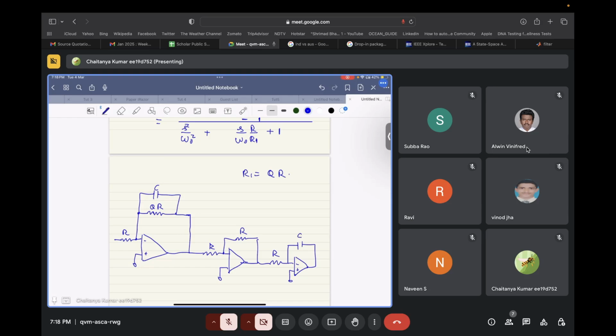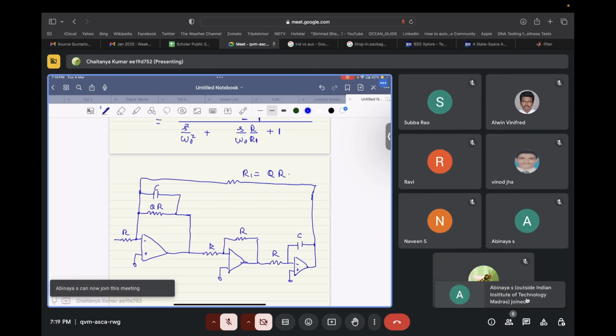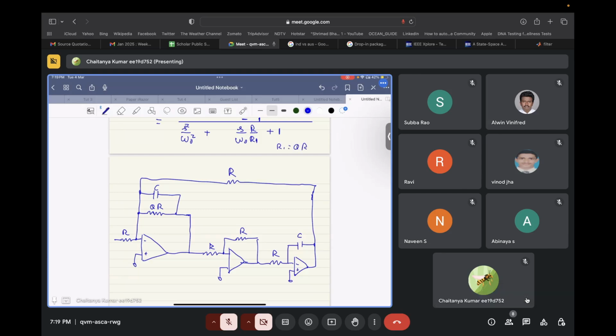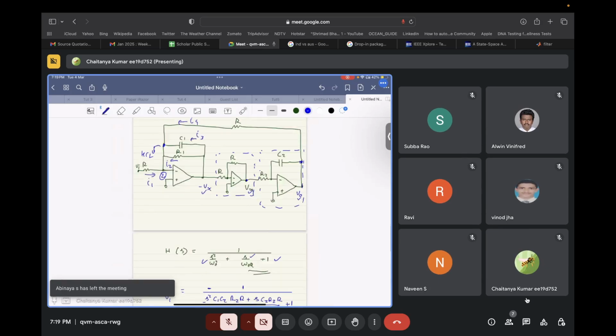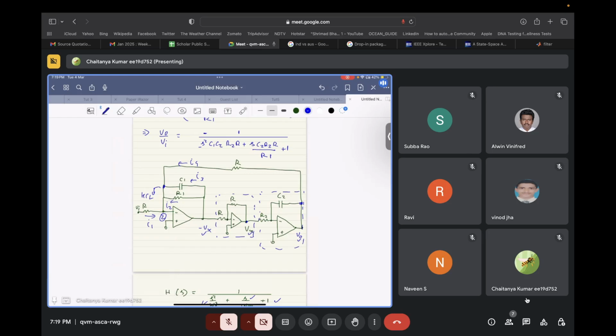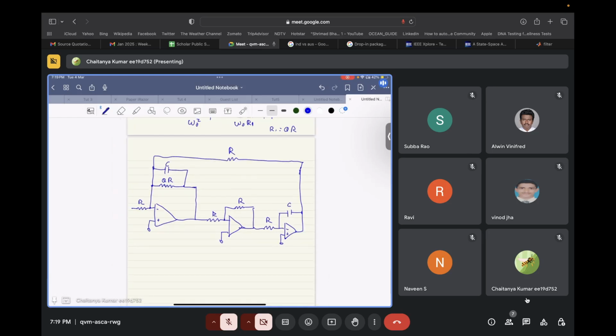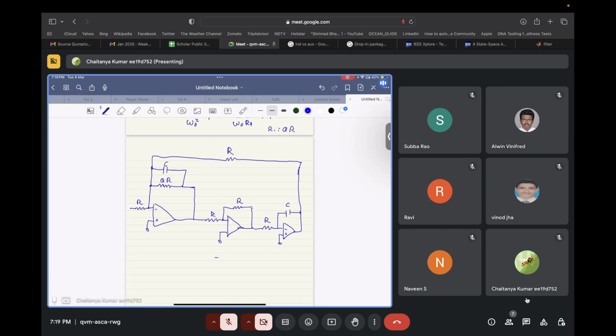This is C. And this is also R. So we have decided the component values and we get this as the circuit that gives us a transfer function of minus 1 by. So if this is Vi over here and this is V naught over here, V naught is equal to Vi times S square by omega naught square plus S by omega naught Q plus 1.